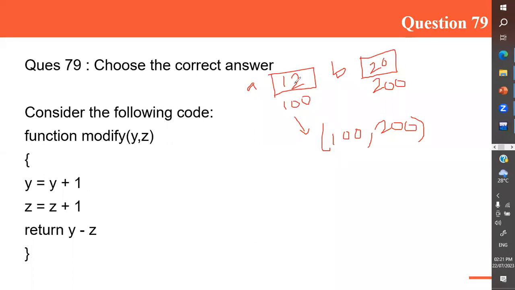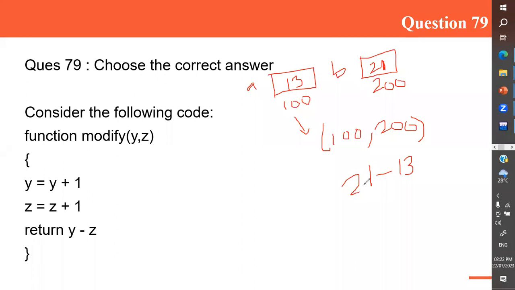What is the value at 100? 12. So if I modify Y, that will affect 12 also. A will become 13. The actual value will become 13. Same way, the actual value of B will become 21, because it is passed by reference. Now we are writing y minus z. What is y minus z? 21 minus 13. What is 21 minus 13?